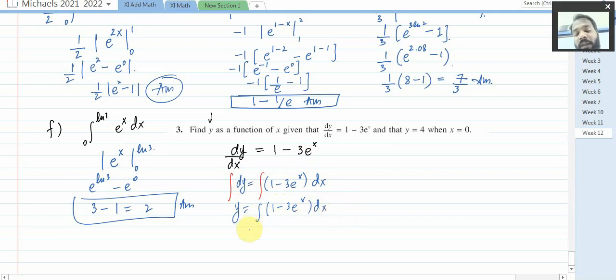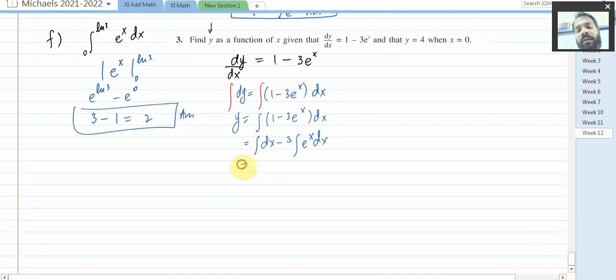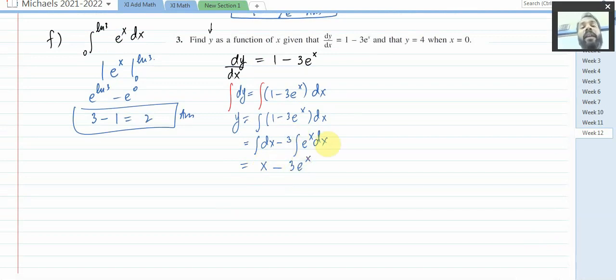Firstly I will expand the bracket here. So it's the integral of dx minus 3 times the integral of e to the power x dx. The integral of 1 is x, minus 3 e to the power x, and the thing you need to remember the most is that you need to write a positive c here, because we are dealing with an indefinite integral.